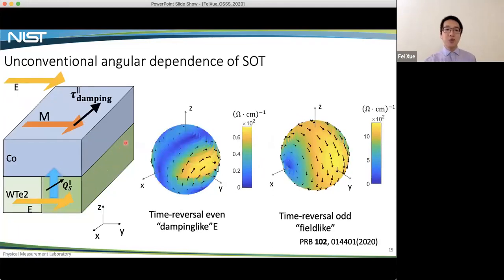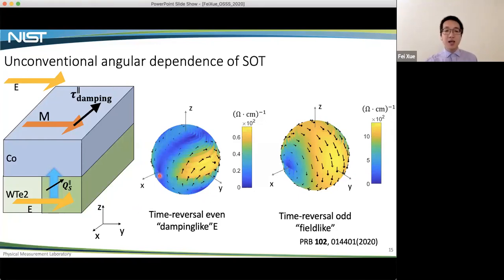So now let's switch the electric field direction into the y direction, just as the experiment has done. We know that when we apply the electric field in the y direction, the mirror symmetry x to minus x is still preserved. Then we expect to get the conventional result with vanishing torque at the high symmetry x axis.